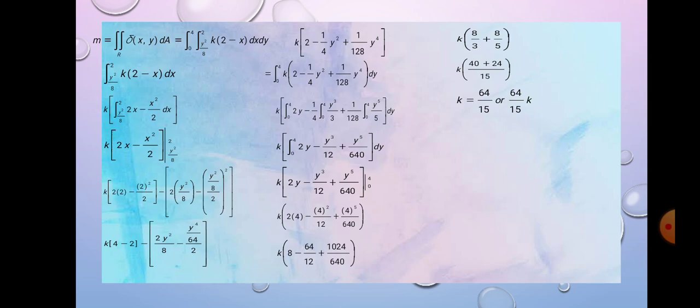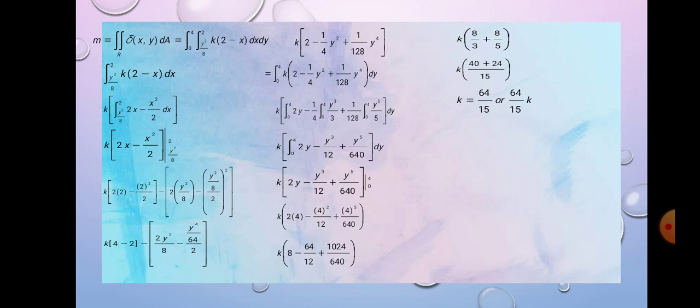So k times the integral from 0 to 4 of 2y minus y cubed over 4 times 3, which is 12, plus 128 times 5, which is 640, so y to the 5th over 640 dy. So k times 2y minus y cubed over 12 plus y to the 5th over 640, from 0 to 4. So for the value of y, which is 4, you just substitute.